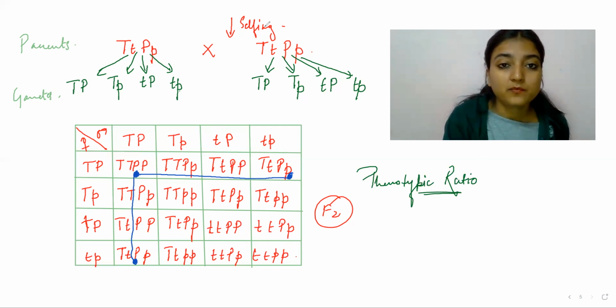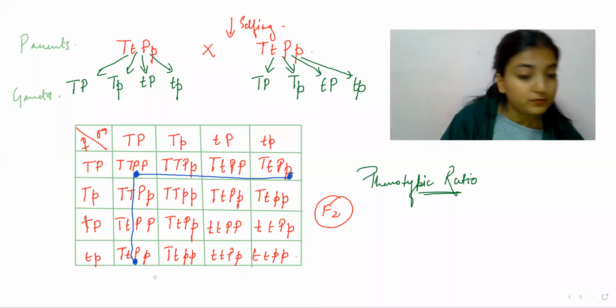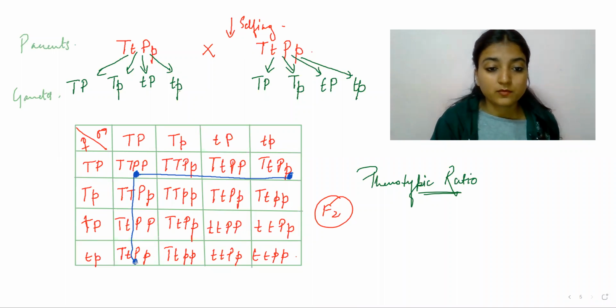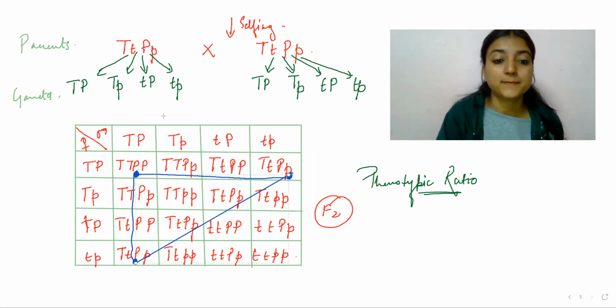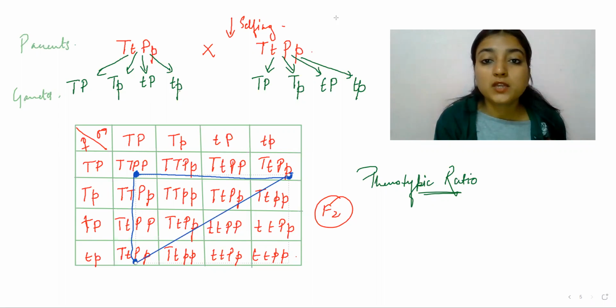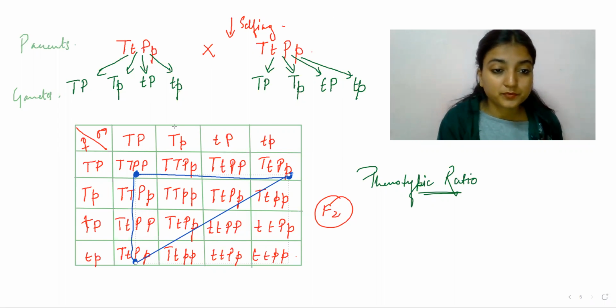Now with another color, you just have to make 3 points. 1, 2 and 3. Just join these 3 dots, make a triangle.